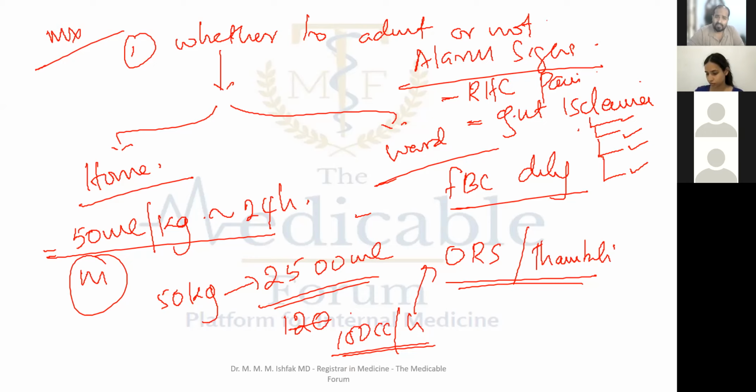Next warning sign is postural dizziness. What do you mean by postural dizziness? When you are seated, you are fine. The moment you stand up, you feel lightheaded. You feel like you're going to fall. Normally when we stand up, there is an element of gravitational pooling of your blood.